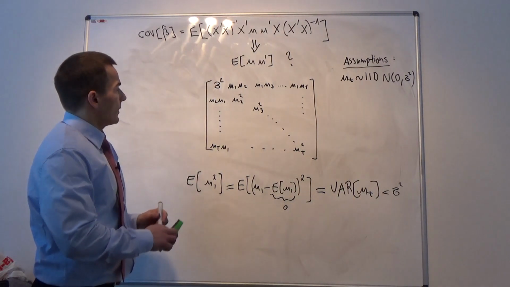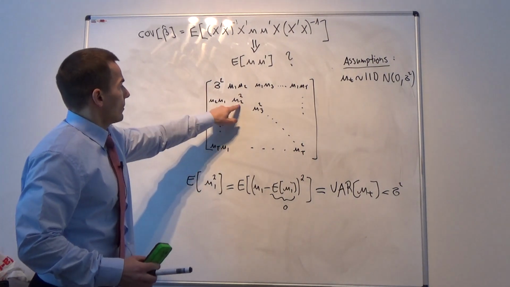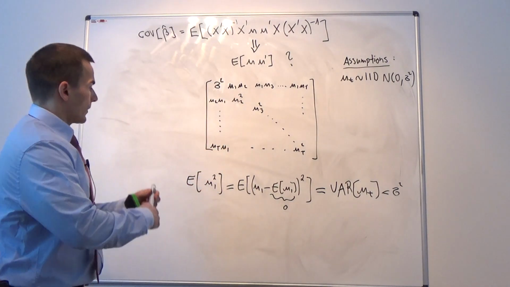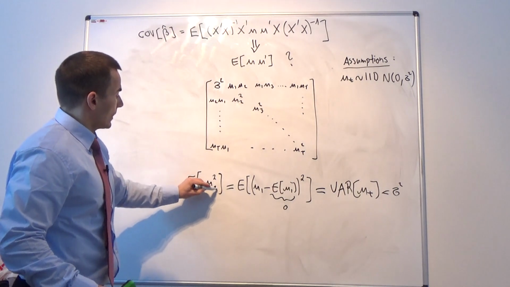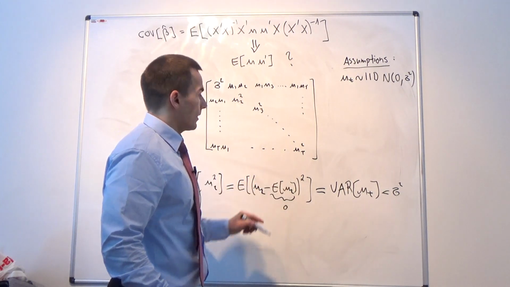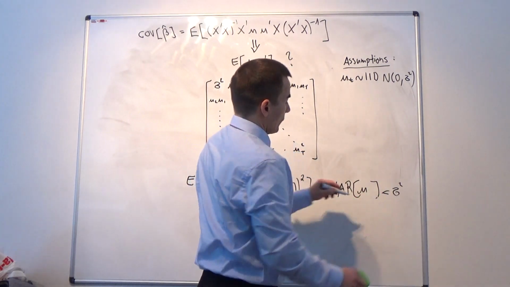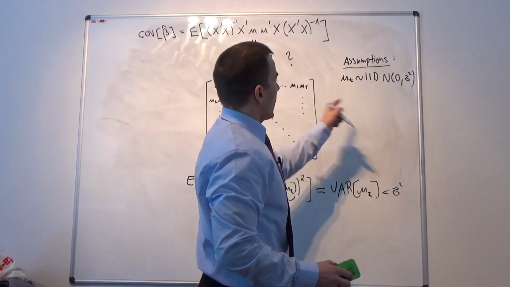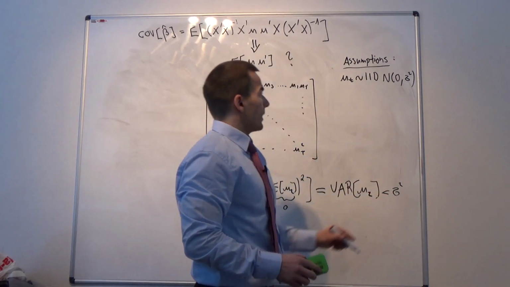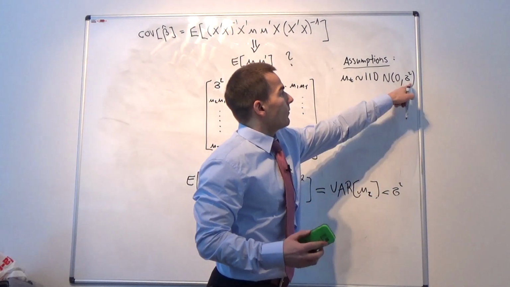And if we do the same thing for the second element on the main diagonal, u2 squared, we just have to replace 1 with 2, and it's the variance of the second guy. Because all of them have the same variance, it's also sigma squared, because according to our assumptions, the variance is the same for all t.